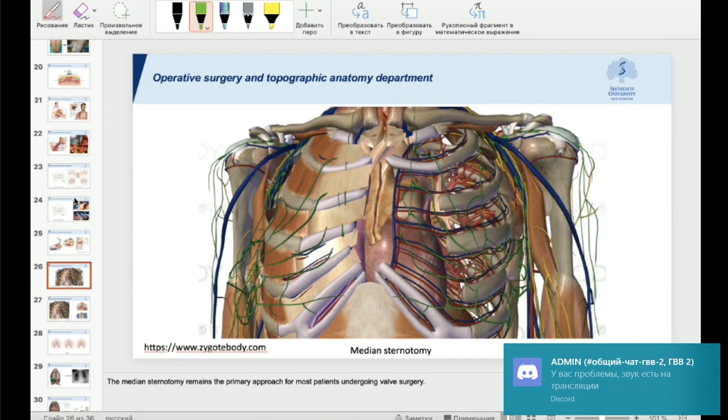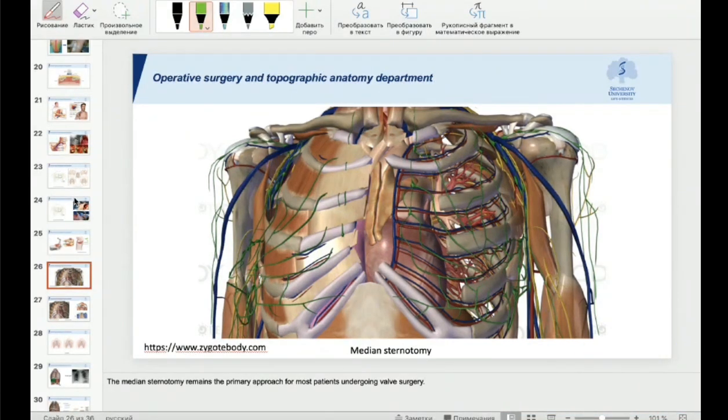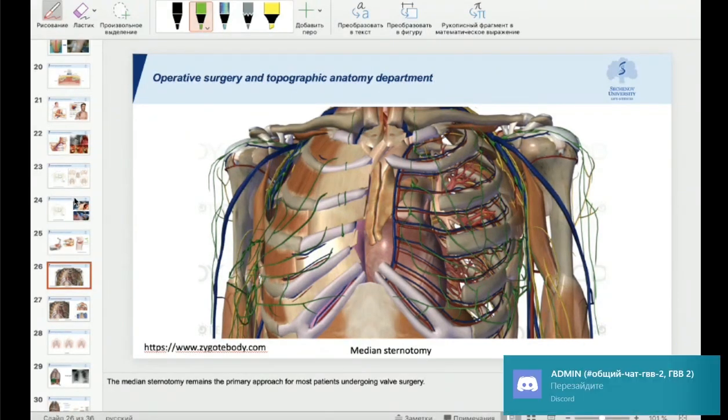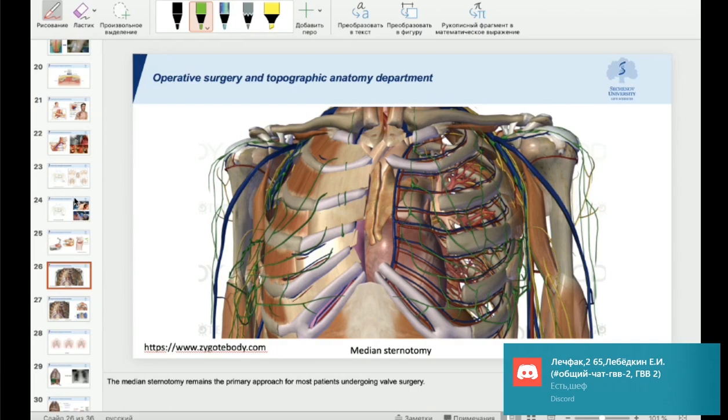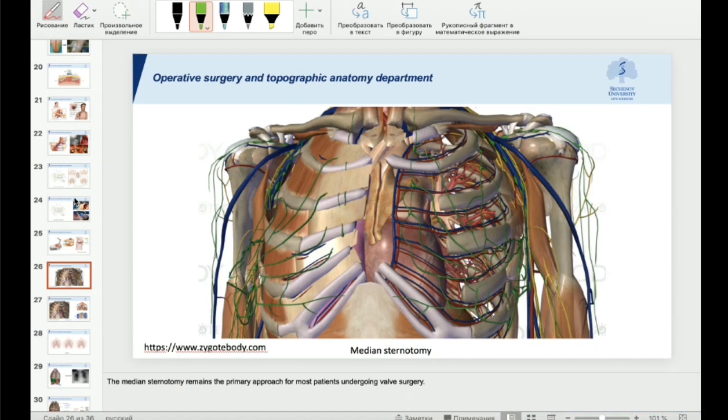And you can imagine that the sternum and cartilage and muscles and some parts of ribs were resected. And according to the title median sternotomy, it means the central part of the sternum was resected, we make the proper access to the heart and to the structures which surround it.